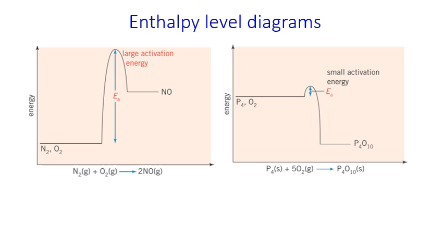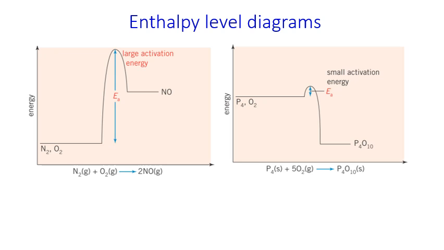Which means of course that it is a highly exothermic reaction, as opposed to the nitric oxide formation, which of course is endothermic, because there is more energy locked up in the nitric oxide compared to the reactants.